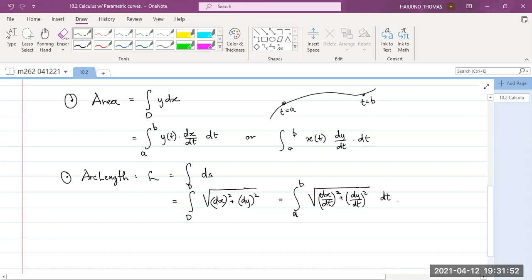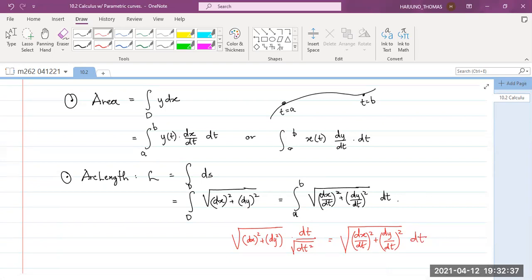I hope you noticed that. The work is basically like this. We have dx squared plus dy squared, right? Multiply this by dt over dt, but I will express the denominator as square root of dt squared. You see what I mean? Then you put that in, like that.